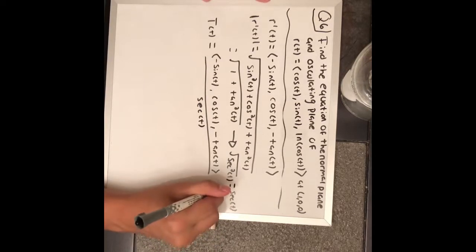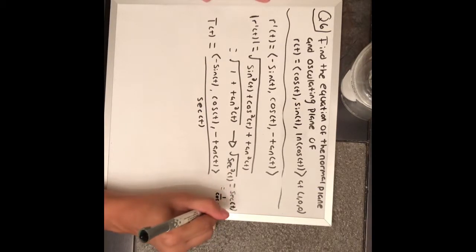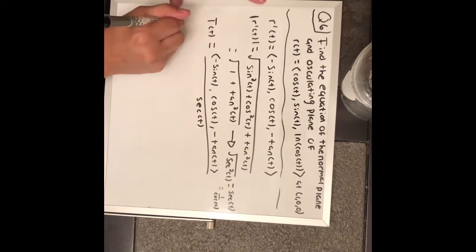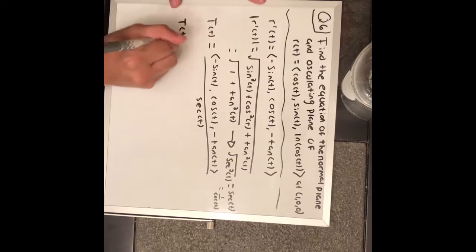However, we know secant to be equal to 1 over cosine, so we can rewrite this to be even nicer looking.